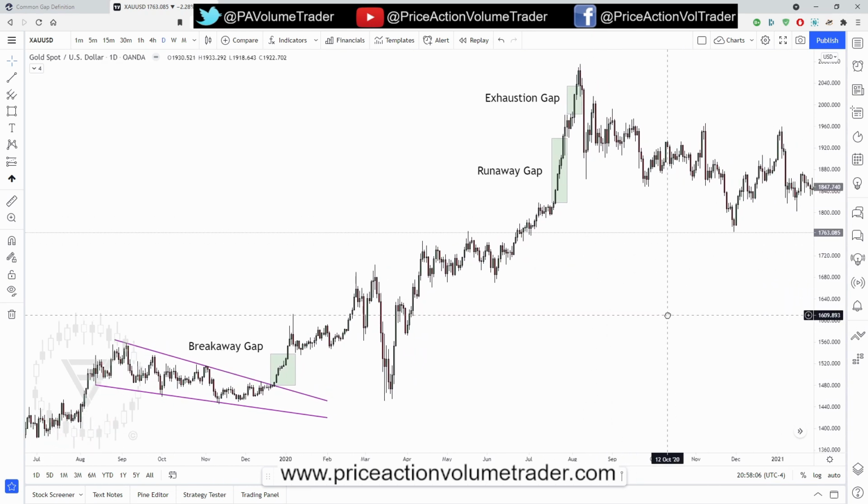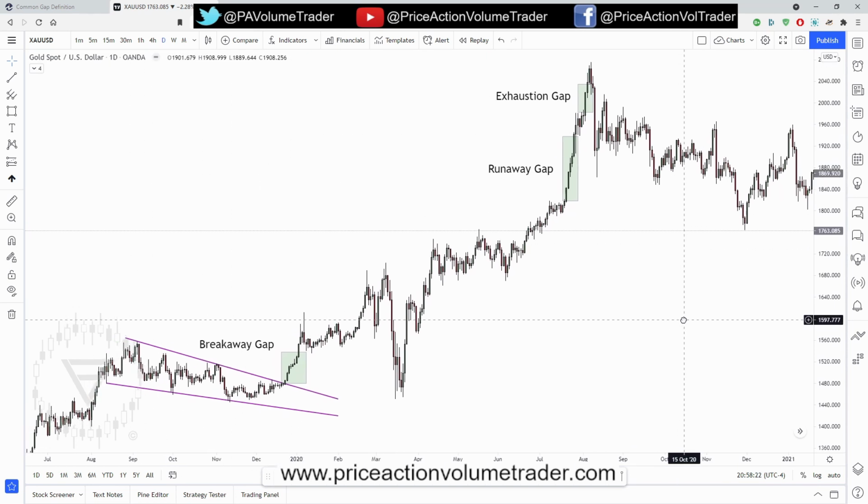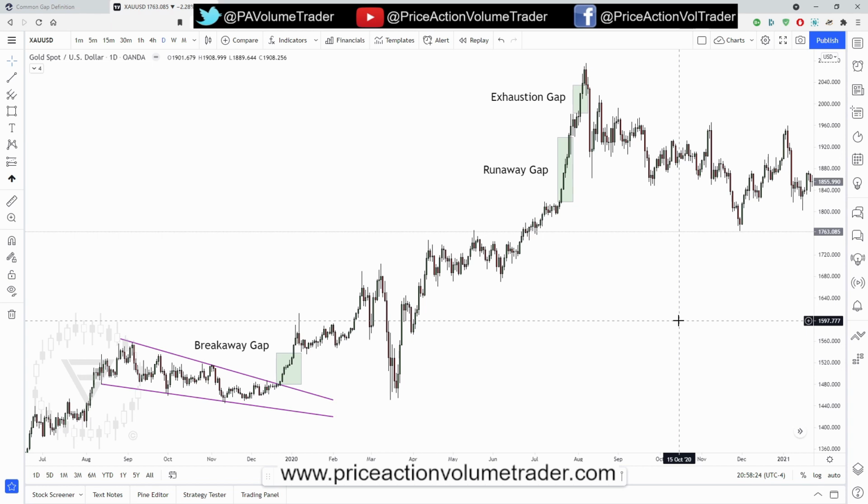But here I just wanted to show you a daily gold chart. As you can see, we don't have any empty spaces in this chart. This is because I'm showing you the CFD. CFDs are a derivative of other markets, in this case possibly a derivative of the futures market.